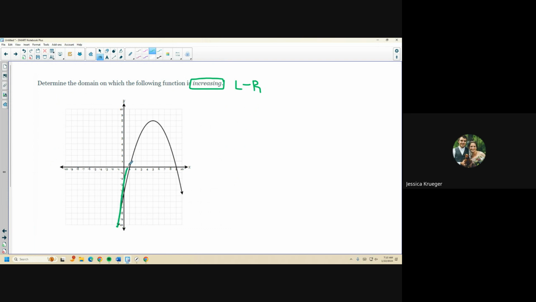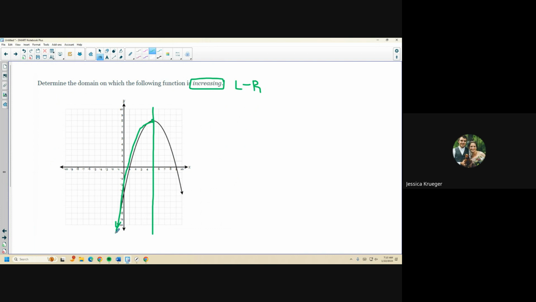If you think about what your pencil is doing while you're tracing it, my pencil's going up. So it's increasing right up to here. Beyond that, my pencil is going down. So I'm going to draw a vertical line right here because I know that's where it stops increasing and starts decreasing.